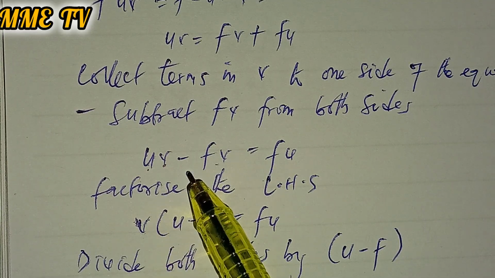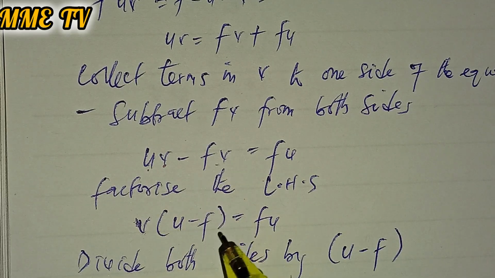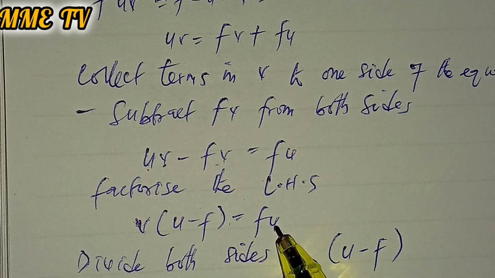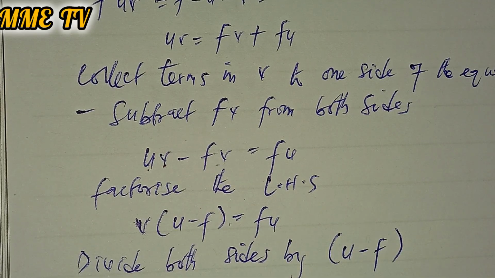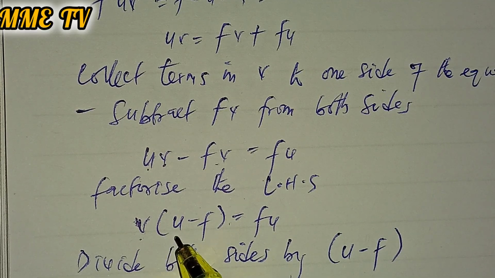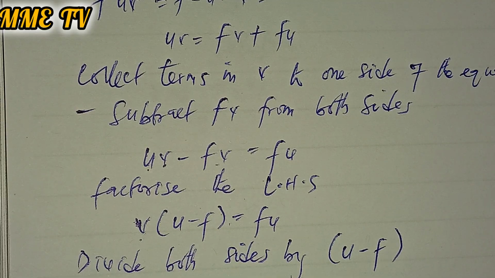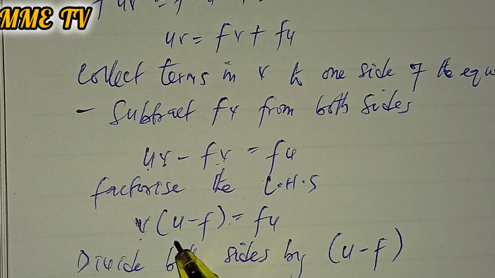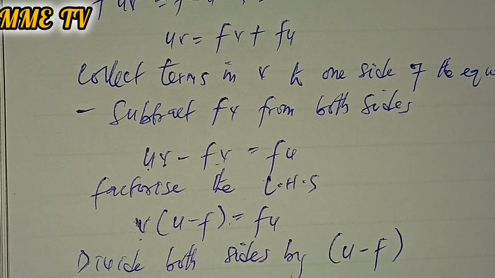That is a correct factorization. Then we still have this. Because we have this, we can now say let's divide both sides with the coefficient of v, which is brackets u minus f, right? And remember that what you do to the left is what you do to the right.